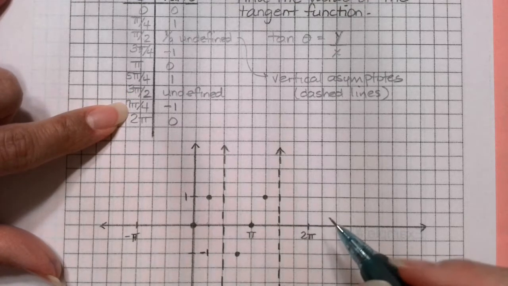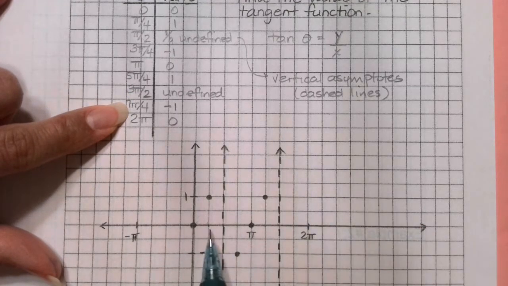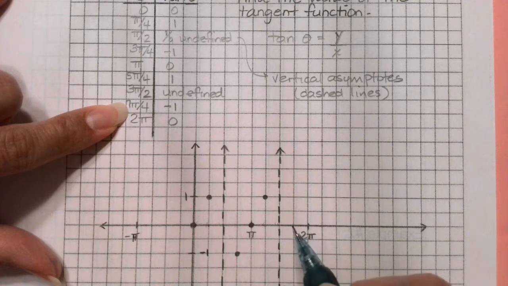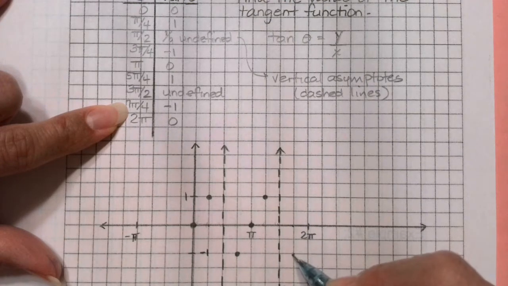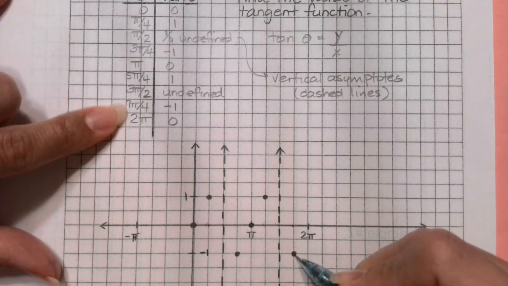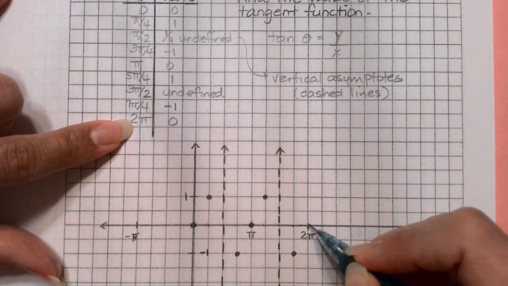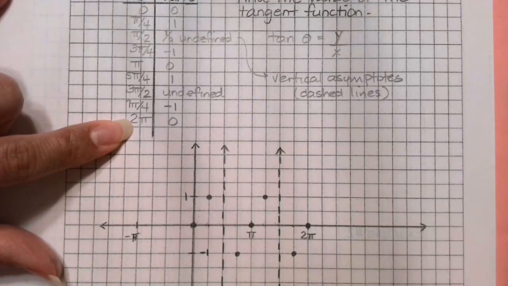And we keep going. 7 pi over 4, just for the sake of practicing counting by fractions. 1/4, 2/4, 3/4, 4/4, 5/4, 6/4, 7/4. We have to go to -1. And then at 2 pi, we're going to be at 0.